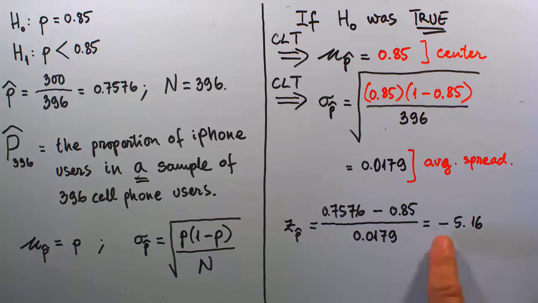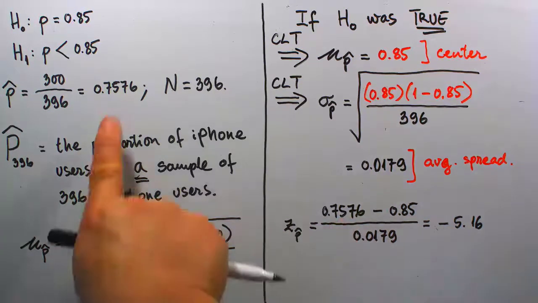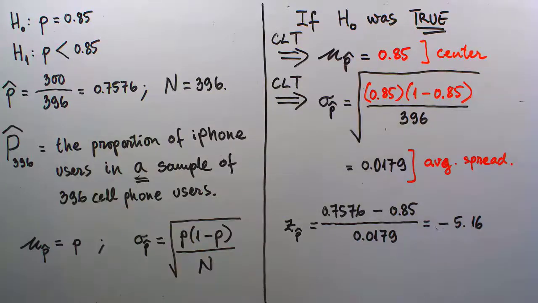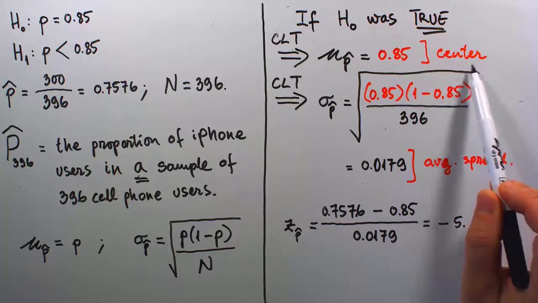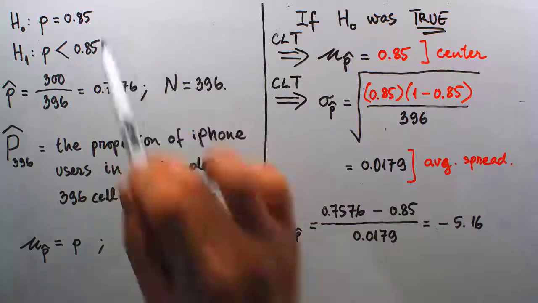But now observe this z-score being a negative z-score, unlike the problem we had in example 1. Then this z-score is clearly indicating that our sample proportion value, the value written here, is below the center, which came out from the claim in our null hypothesis.